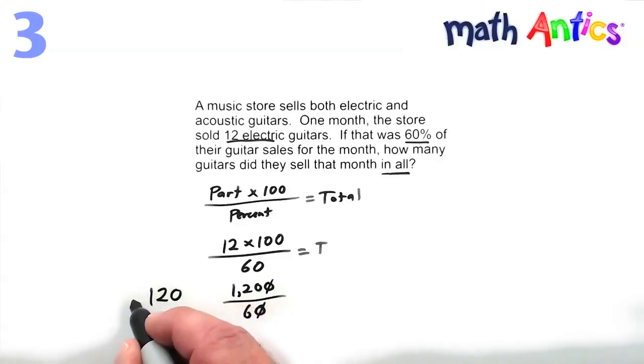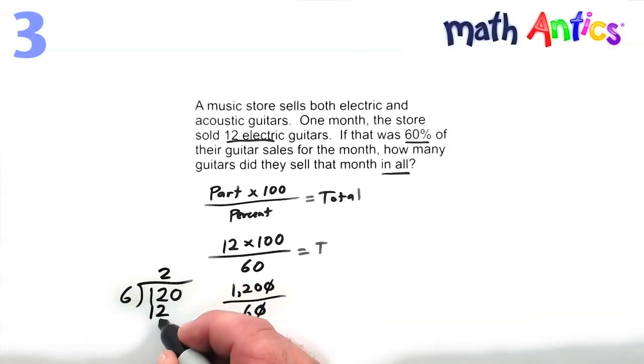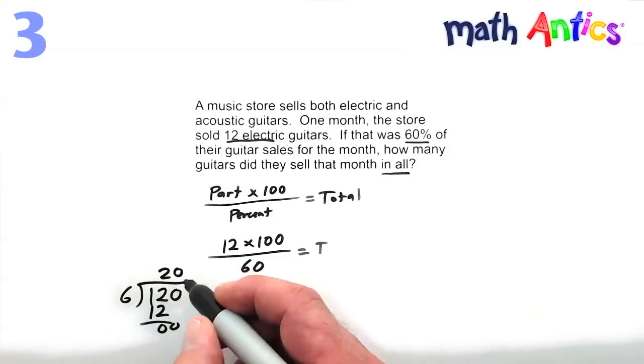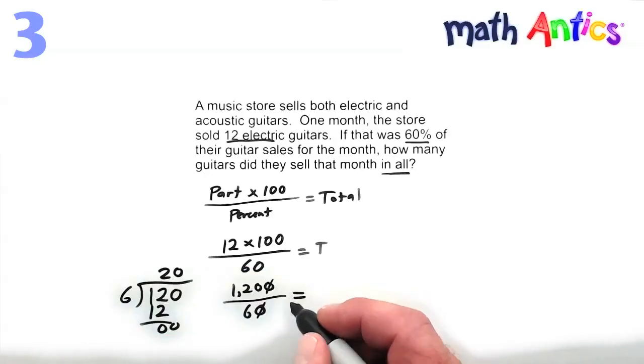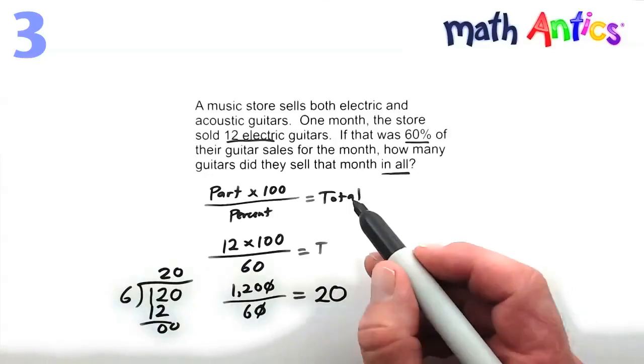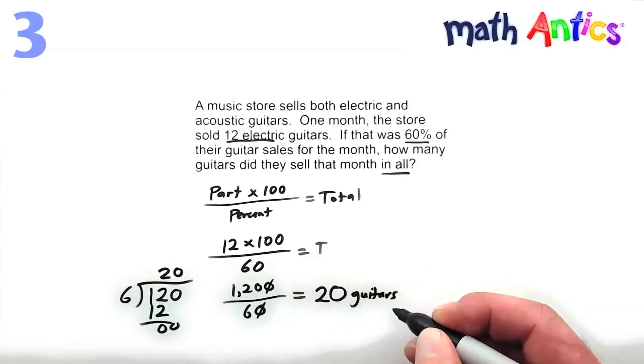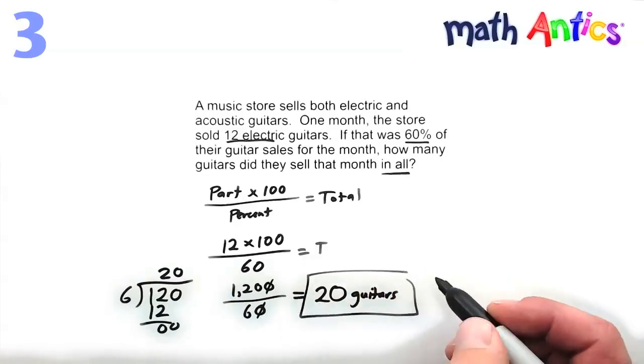Let's do that just over here to the side. We can see that 6 will go into 12 2 times with no remainder. And so our answer is going to be 20. So this division problem here gives us an answer of 20. And that is the total number of guitars that were sold in that month.